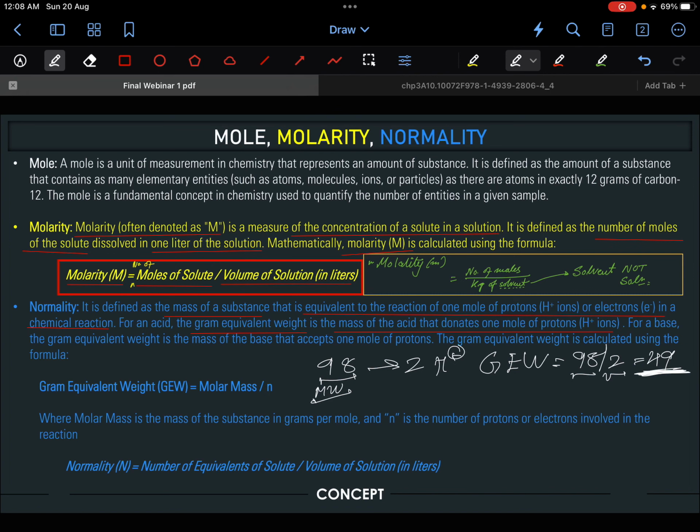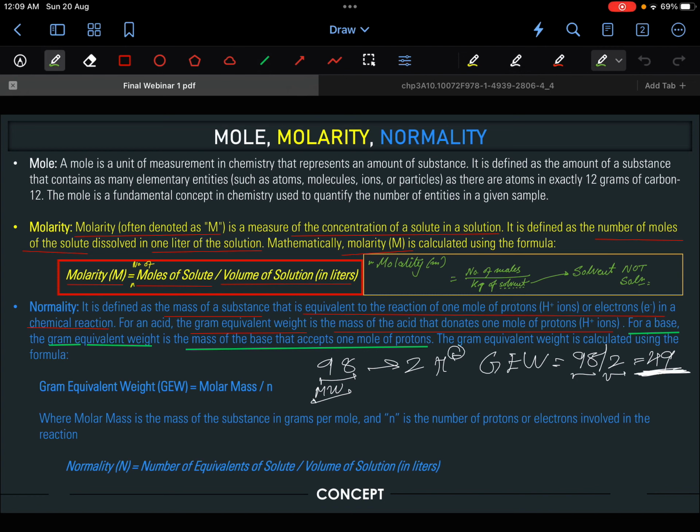Same for the base. For a base, the gram equivalent weight, now we are familiar with this term, right? The gram equivalent weight is the mass of base that accepts 1 mole of proton. So the concept is again the same.